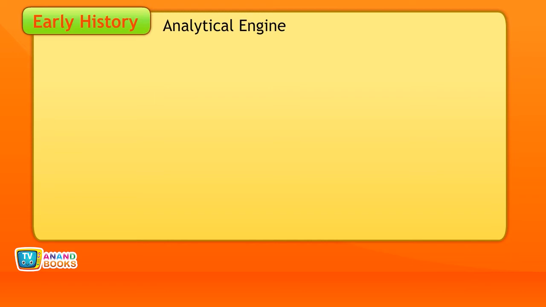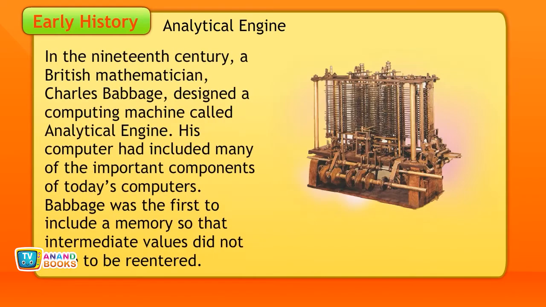Analytical engine. In the 19th century, a British mathematician, Charles Babbage, designed a computing machine called the analytical engine. His computer had included many of the important components of today's computers. Babbage was the first to include a memory so that intermediate values did not have to be re-entered.